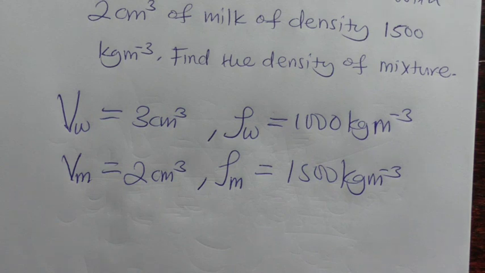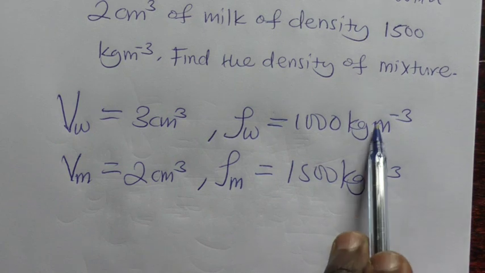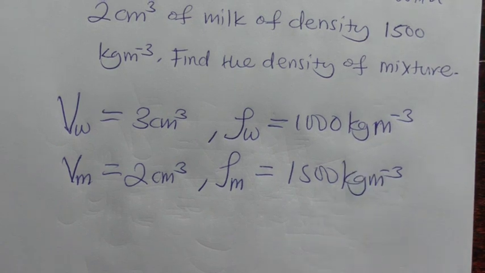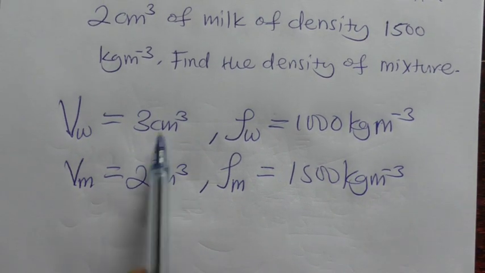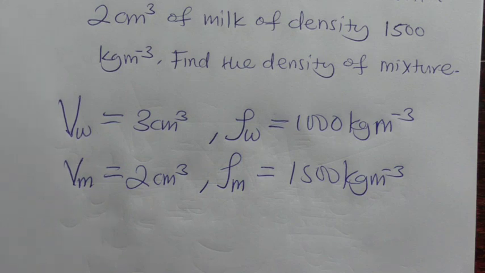The other thing you should look at critically is the difference in units. Our densities are in meters cubed, whereas the volumes are in centimeters cubed. So we must convert before we get the density of the mixture.